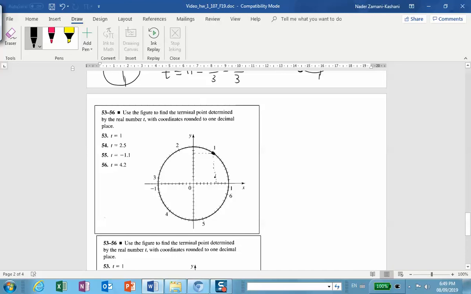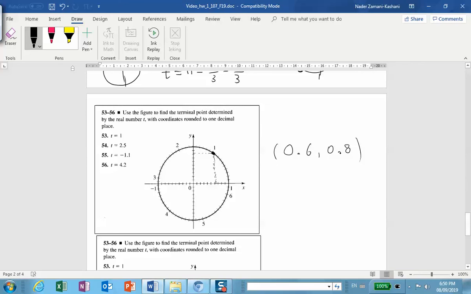I get maybe x equal to 0.6, and the height is approximately 0.8. It says rounded to 1 decimal point, so don't go 0.65 or 0.85.